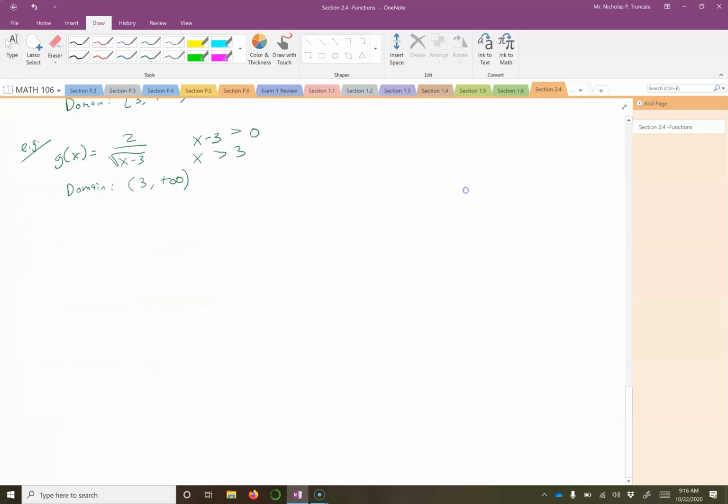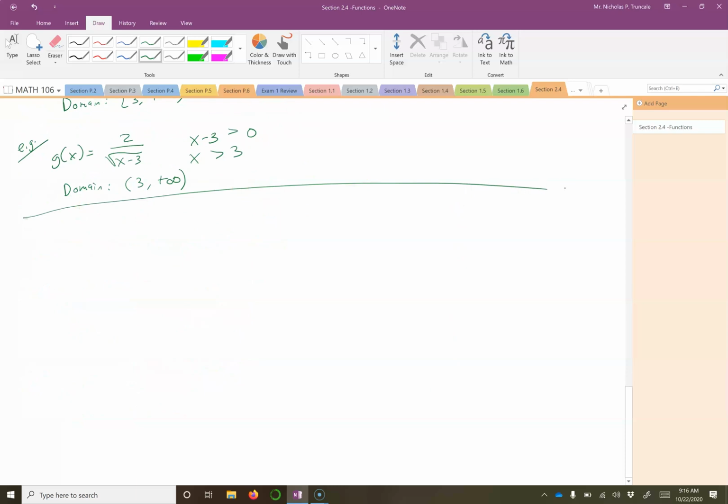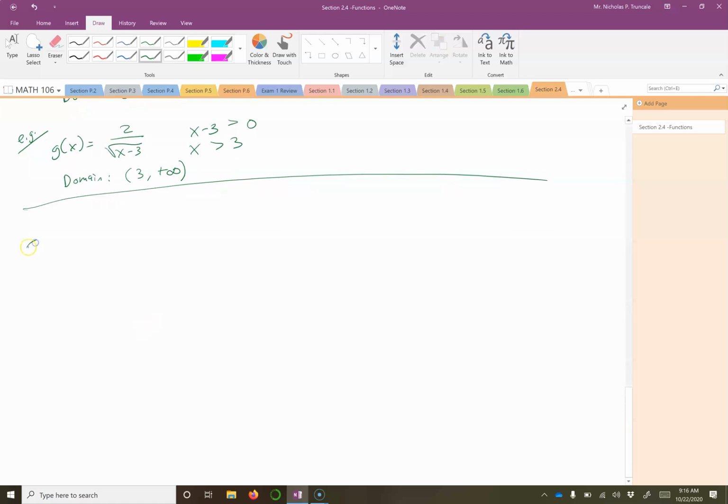All right, that's everything. The homework here isn't too complicated. This is going to be section 2.4, the end of section 2.4. This is pages 229, 230, 231. There's a lot of pages because there's graphs.